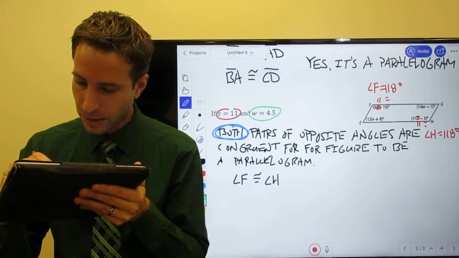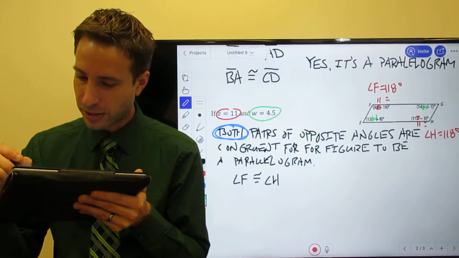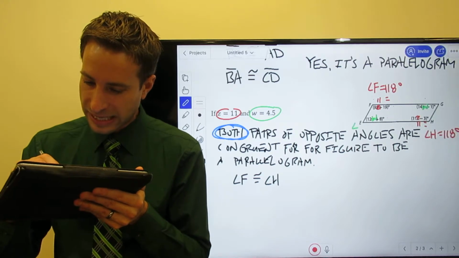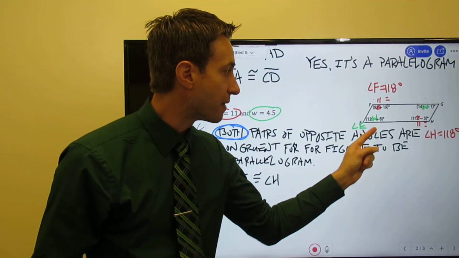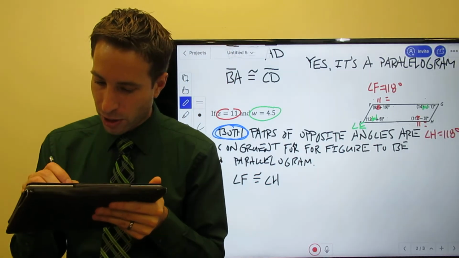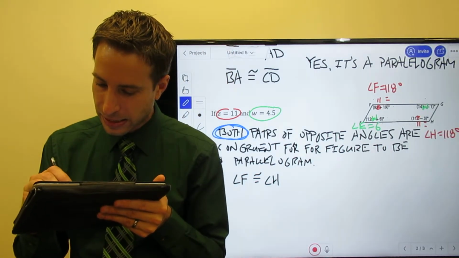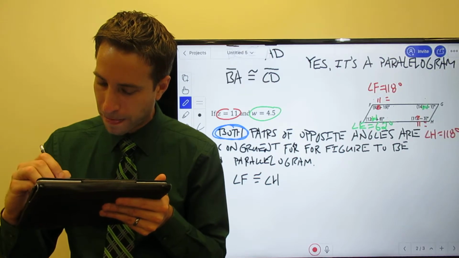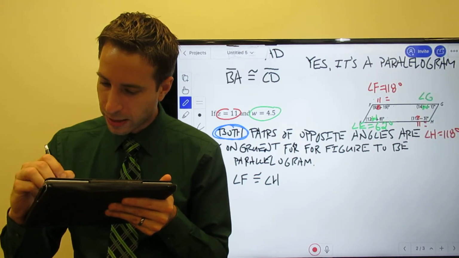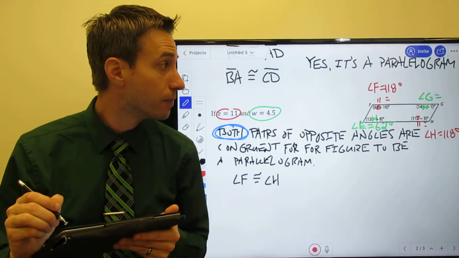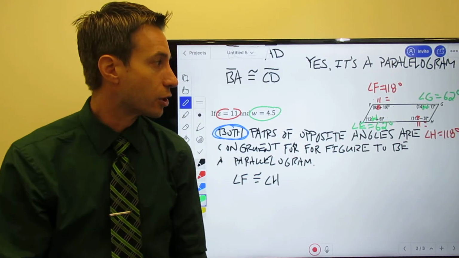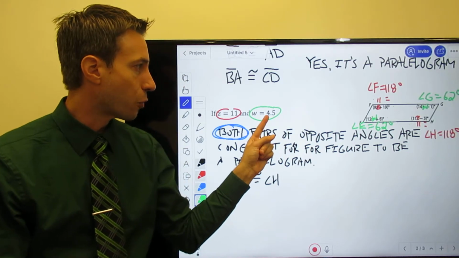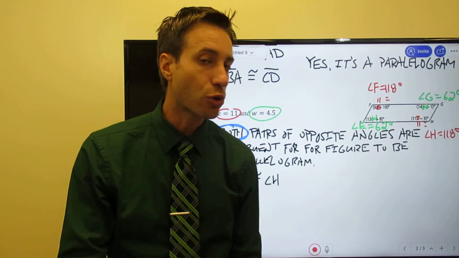There's a W, and there's a W. So for angle E, I plug a 4.5 in for W. Don't fat finger something on your calculator. I get 62 degrees. Angle G, once again, I get 62 degrees: 14 times 4.5, then subtract 1.